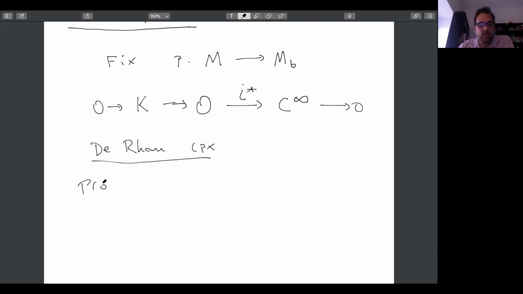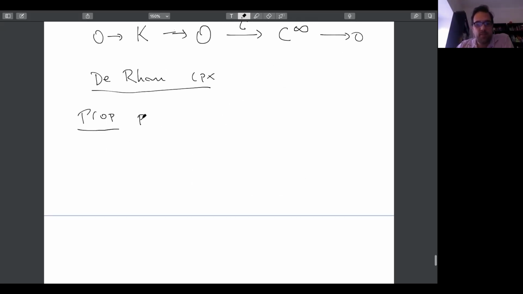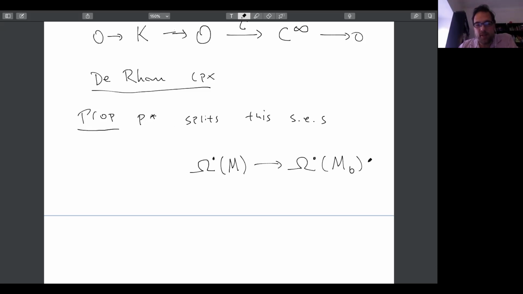We can generalize this splitting to the de Rham complex. So here's a proposition. P star splits this short exact sequence, where I have a map from the full de Rham complex of the supermanifold to the de Rham complex of the body.